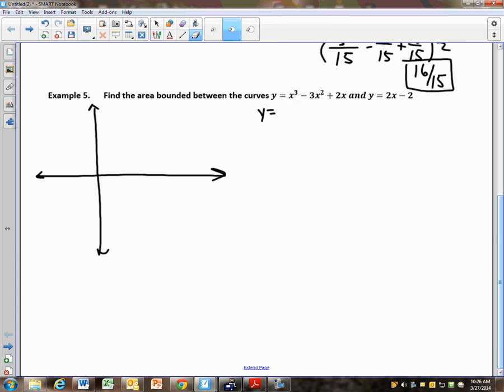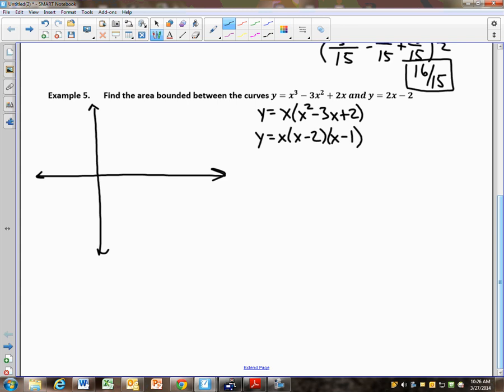So if I factor out an x times x squared minus 3x plus 2, does that factor? x minus 2 times x minus 1.